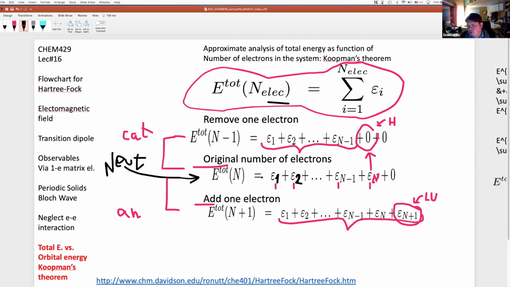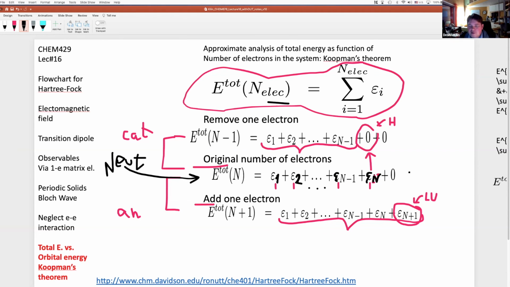In fact, we need to multiply by 2 if there are 2 electrons per orbital. Going so forth, the energy of orbital n-1, and then the energy of the last orbital, where n is the number of electrons. Make sense? Everyone is okay?